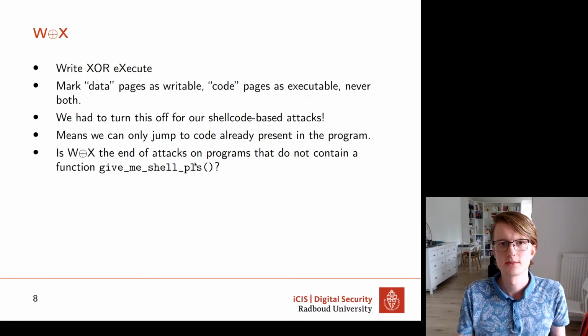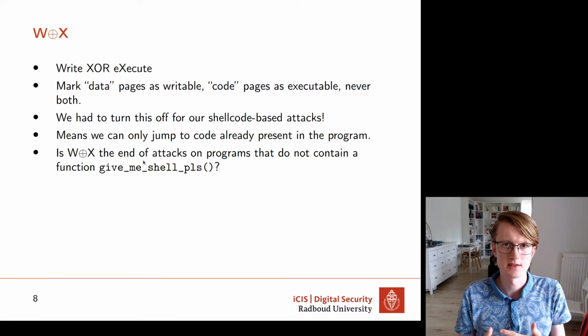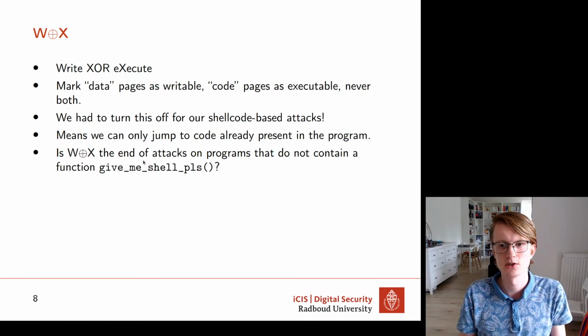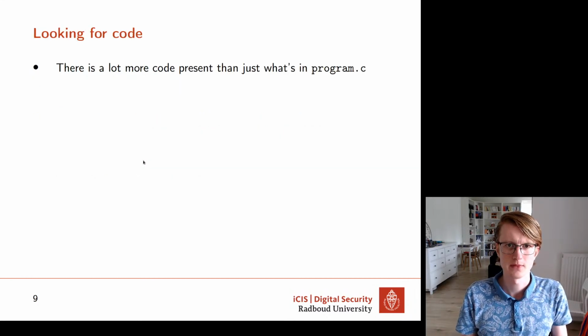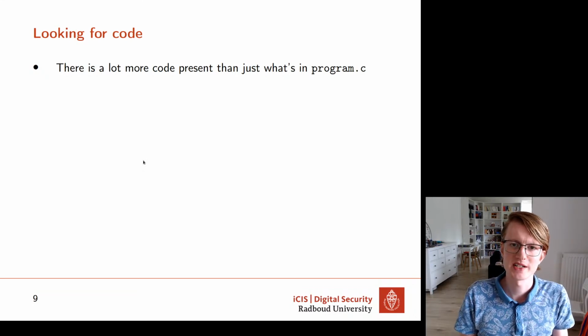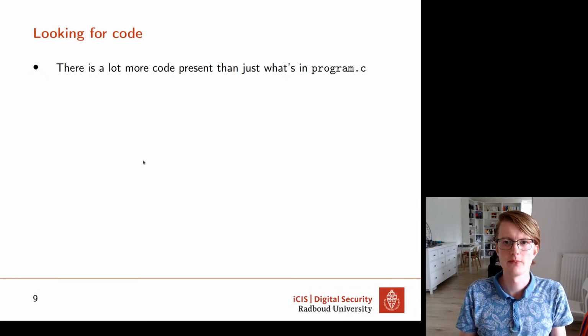So does this protection mean that it is the end of attacks on programs that do not contain a function called please give me a shell? Sort of. It turns out that there's a lot more code present in your program than just what is available in your program.c.